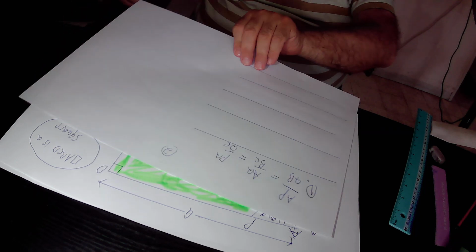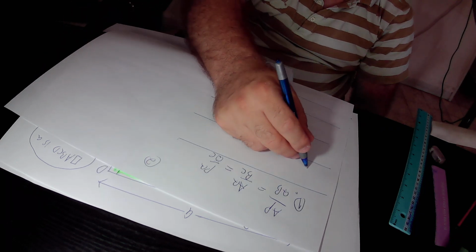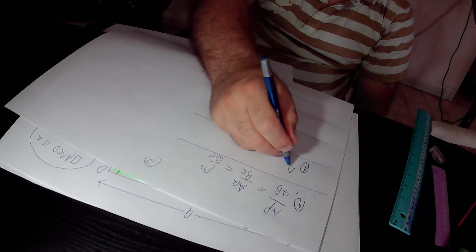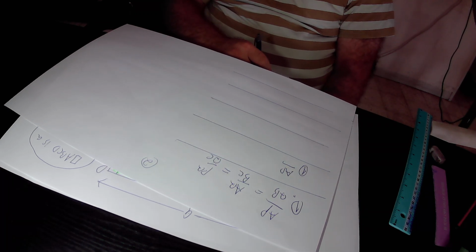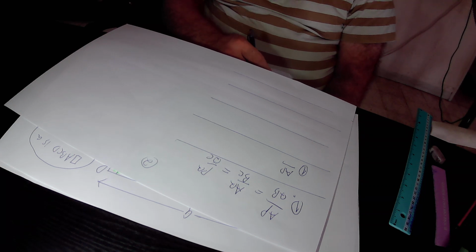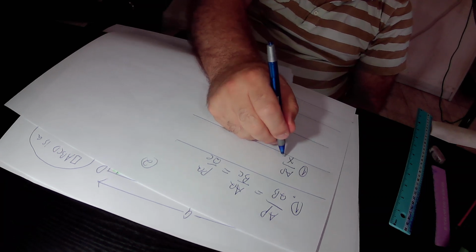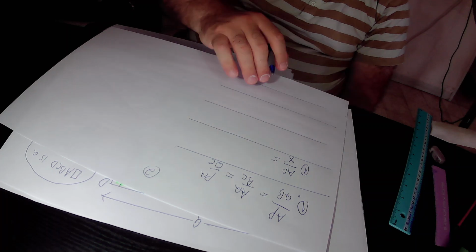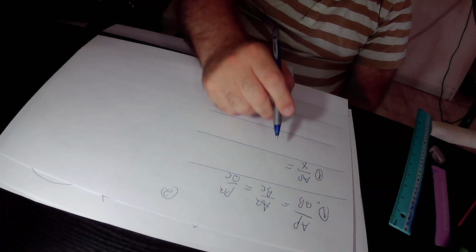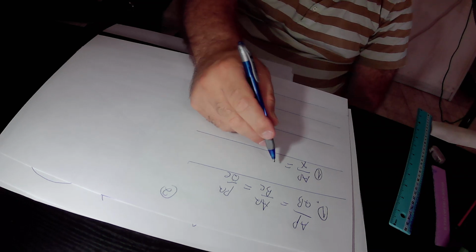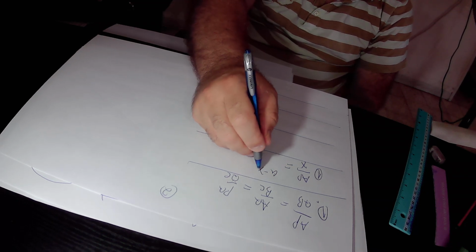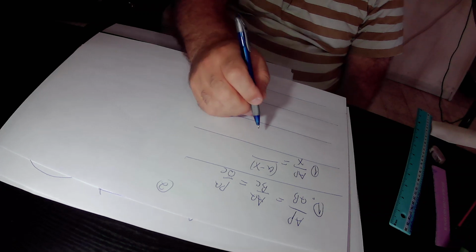AP is the missing side, so we leave it as it is, over QB. QB equals X, and according to equation 1, it is equal to AQ. AQ is A minus X over BC.